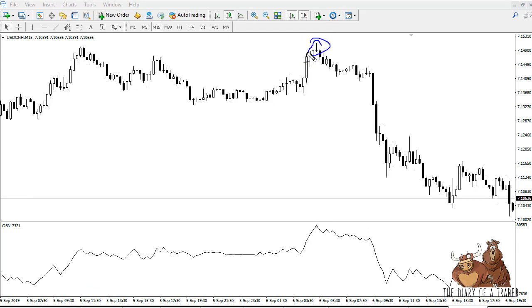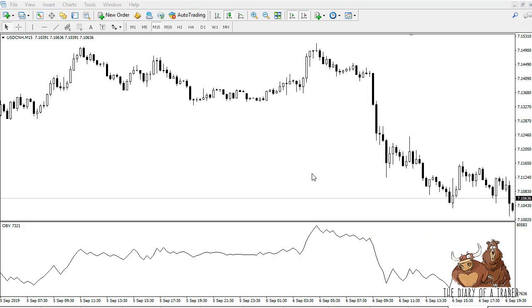What this tells you at this point is something's going on. You have to keep your eyes open. And you can see that we drifted a little lower and then just collapsed. Volume dropped out. They tried to push it up, and as they started to lose money, they just got out, volume dries up and we drop.